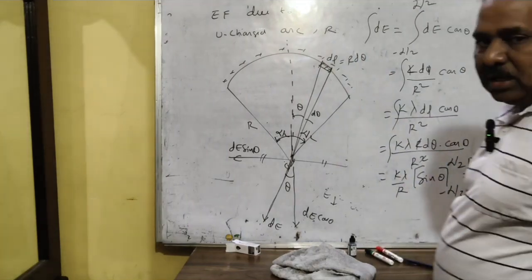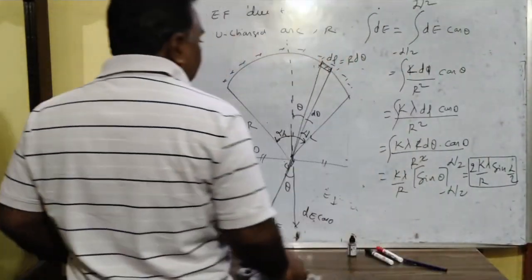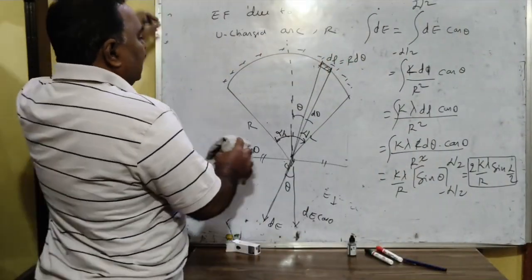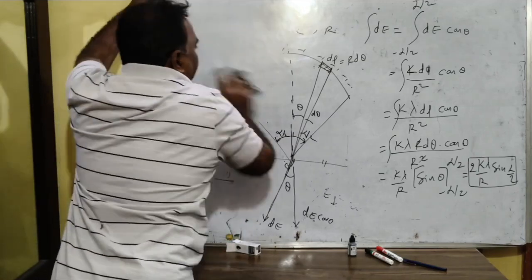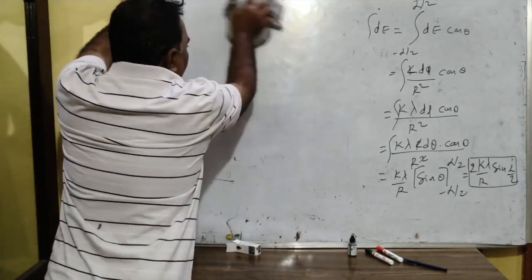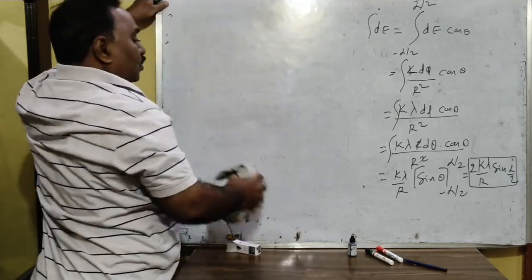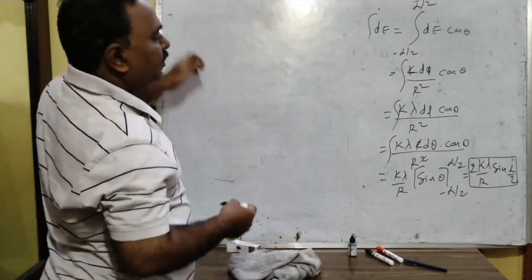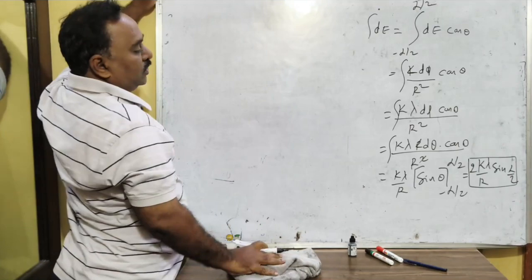Using this, now we will find the electric field of a semicircular wire, circular wire, or any shape, quarter circular, any. Otherwise, these derivations are not needed from the objective point of view, and even in the board exam they cannot ask them.